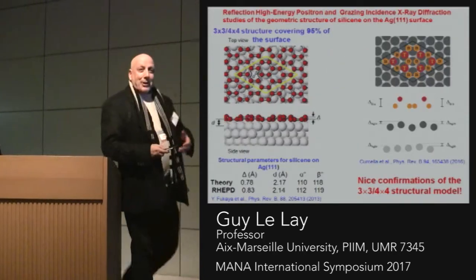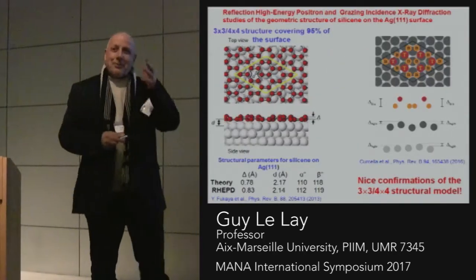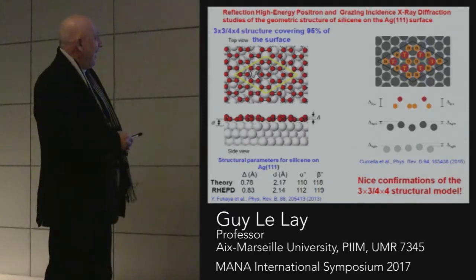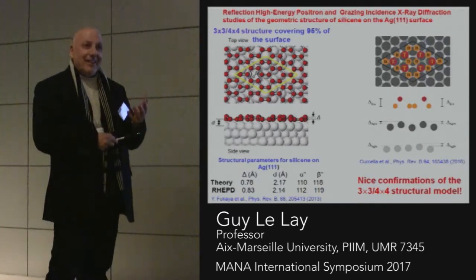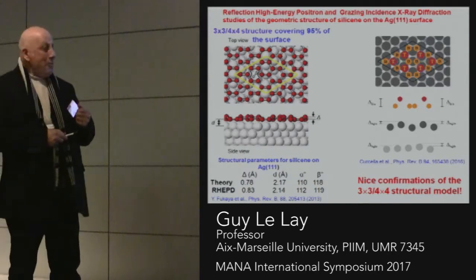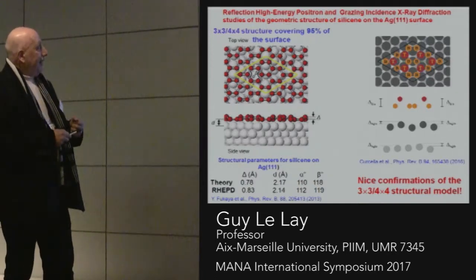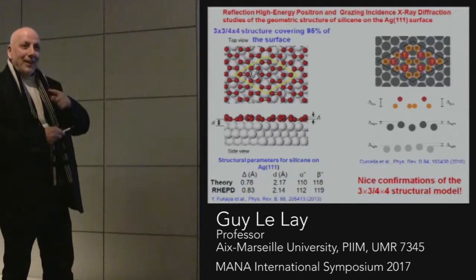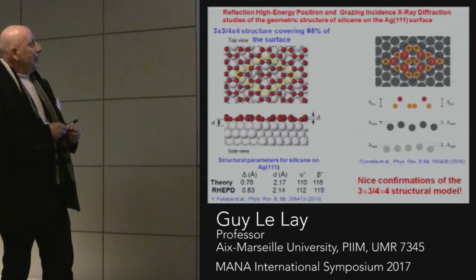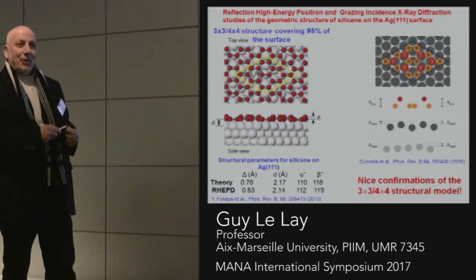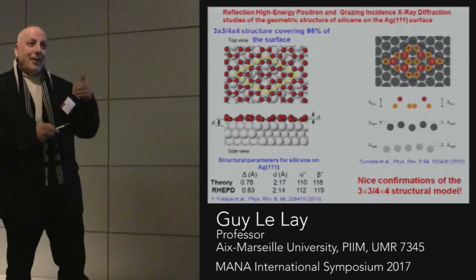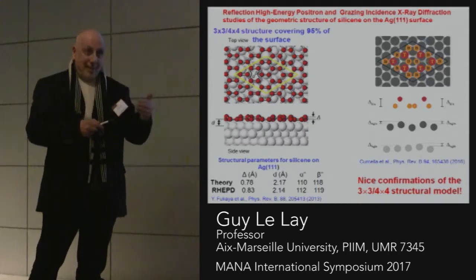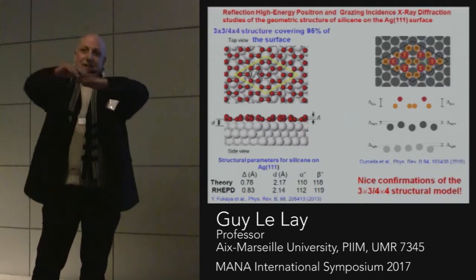It was very nice, again, from Tsukuba. You know, a lot of good things come from Tsukuba. To have first confirmation of this model experimentally. This was done here in Tsukuba at KEK by reflection high-energy positron diffraction. You need a very high beam of monochromatic positrons that can just surf on the surface.